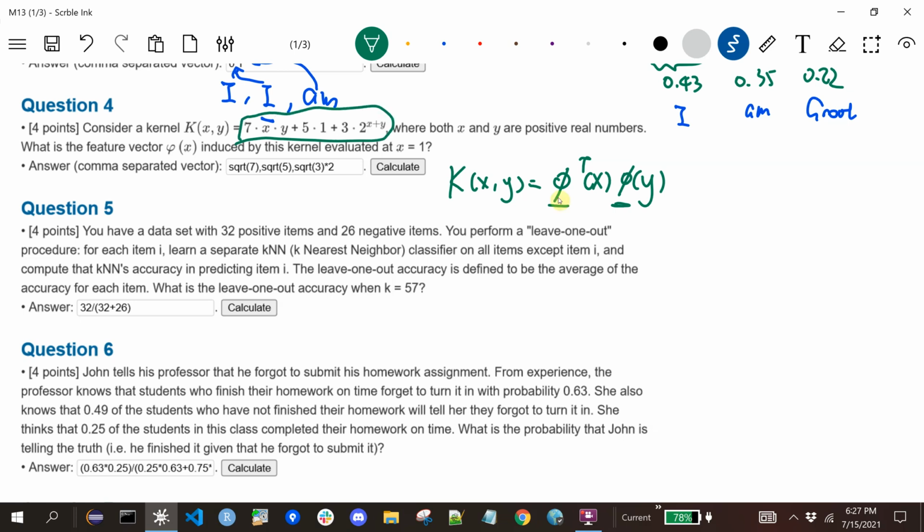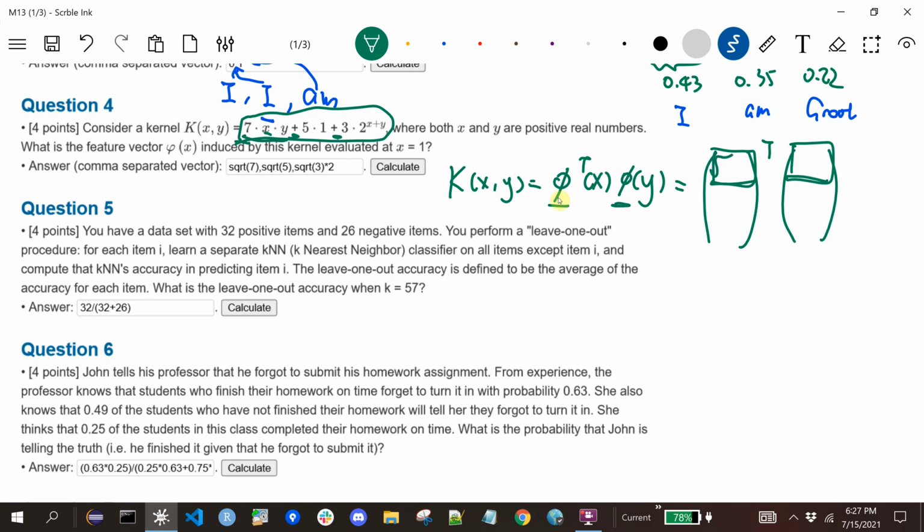So when we have an addition, we probably need one different element. So what we want is something transpose multiplied by something is this expression. So the first part would be this multiplied by this. So the question becomes, what function, when you multiply them together, you get 7xy.